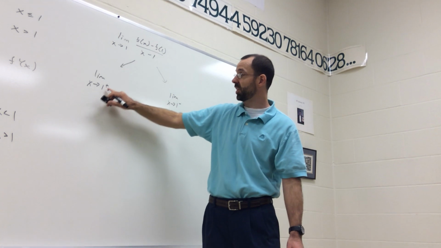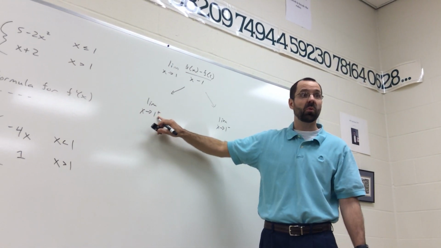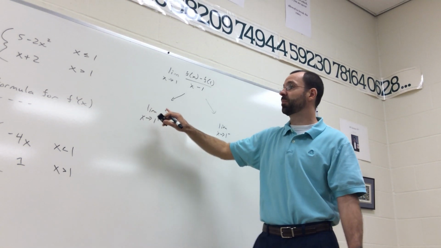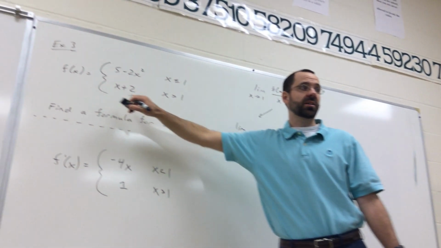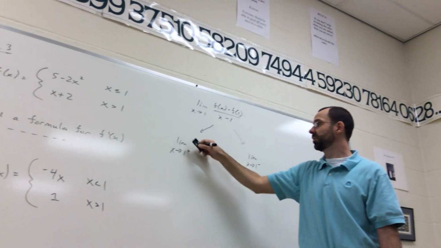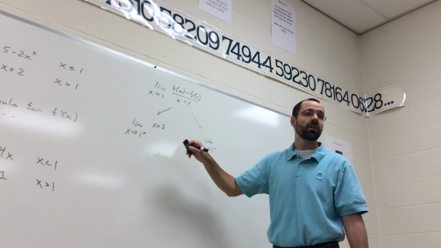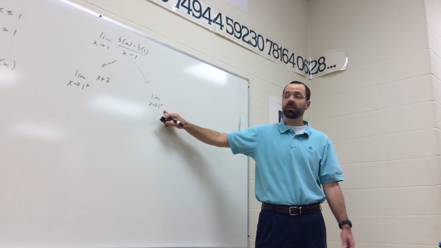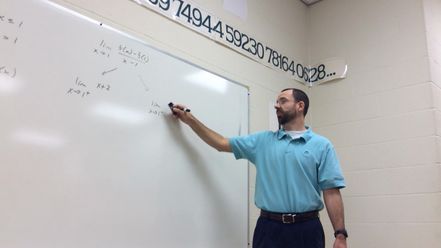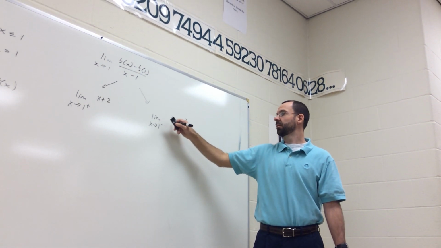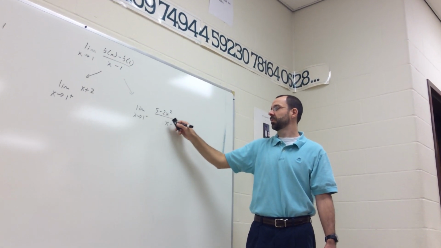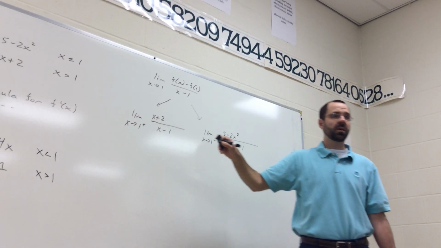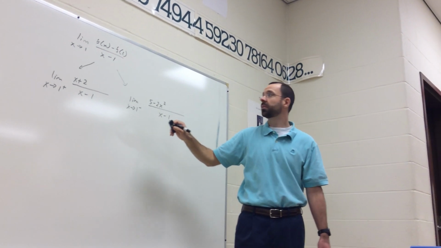Okay, so if the x's are bigger than 1, like 1.1, then we want to pick the bottom formula for f of x. So that's x plus 2. And if the x's are smaller than 1, like 0.9, then we want to pick the top formula for f of x. X minus 1 is in the bottom in both cases.